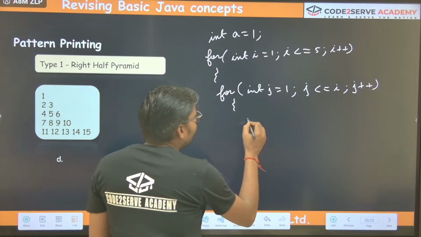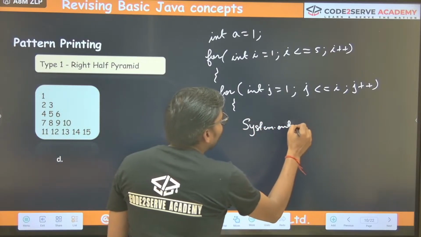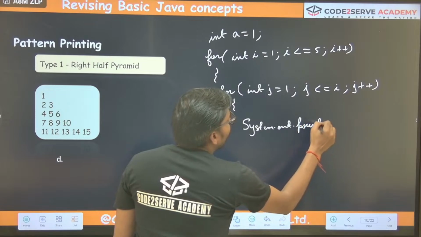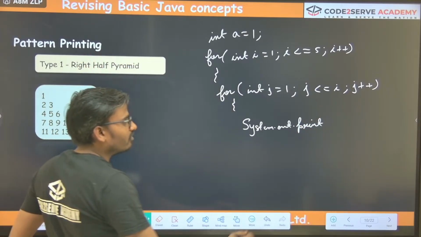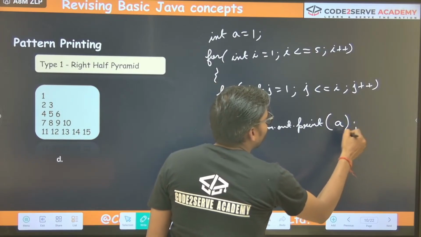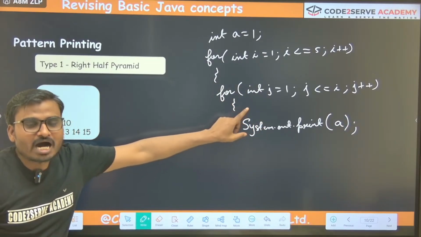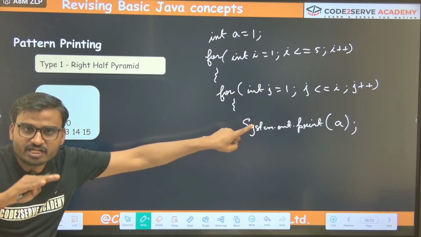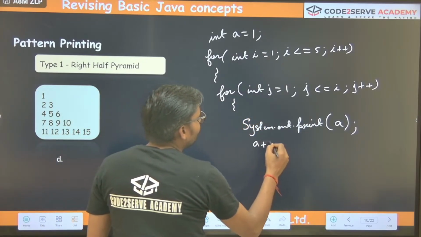Now what we'll say, we'll say system dot out dot print, and in this we will pass a. All right. Then what I told you, in the j loop, after printing you have to increment the value of a. So we'll write a plus plus.